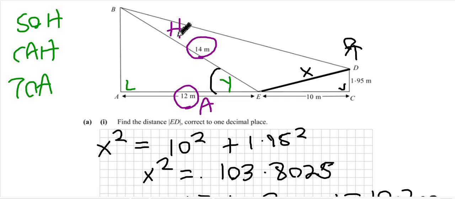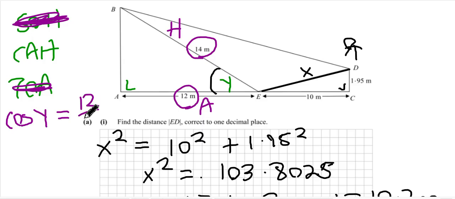Adjacent. So it's A and H. So which one should I use? Cos. Okay. So what do we get then, guys? So cos Y. Would everybody agree that cos Y is 12 over 14? We cool with that?